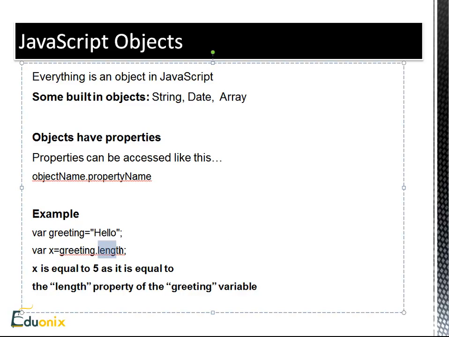Now length is a property of the greeting variable, which holds the text hello. So this length property is the number of characters of the text hello, which is 5. So here x is equal to 5. It's equal to the length property of the greeting variable or object.